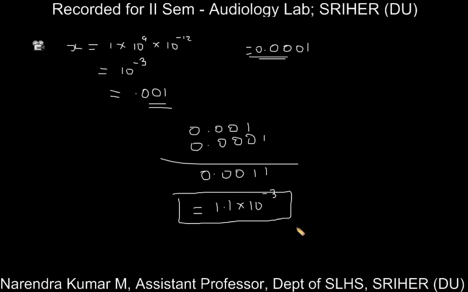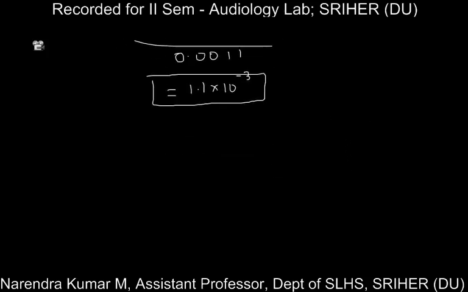Now we need to convert this absolute intensity into relative intensity to get the overall sound intensity level because of these two sources. Again, using the intensity formula, 10 log I by I0.